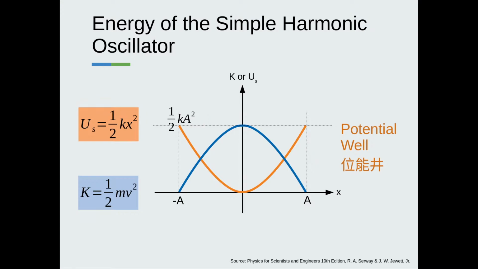So now the horizontal axis is the position of your mass, and the origin of this coordinate is the equilibrium position. So you can see that if your mass is deviated from the equilibrium position, the potential energy gets higher, isn't it? And when your mass is very close to the bottom of the well, the bottom of your potential energy, the kinetic energy is at maximum.